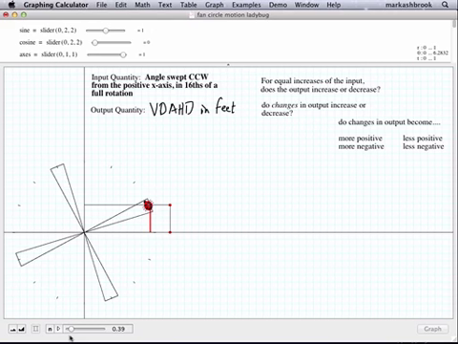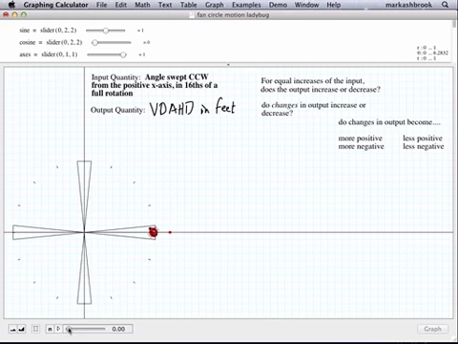So, first increment of the angle, what does the vertical distance do? Does it increase or decrease? Of course it increases, right? And actually, let's talk about this one quadrant at a time. So this first quarter circle is called the first quadrant, all right?